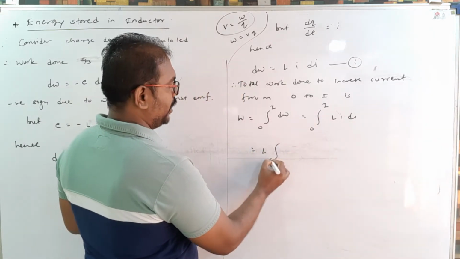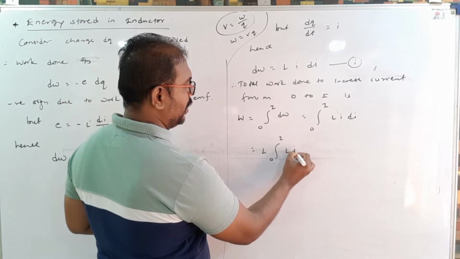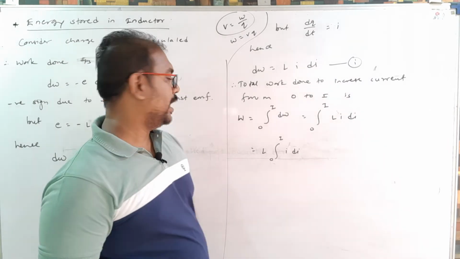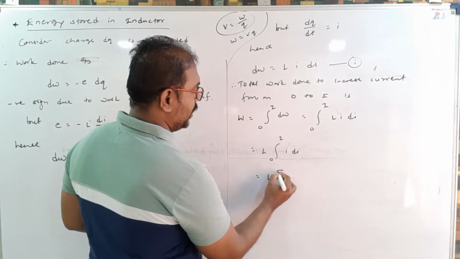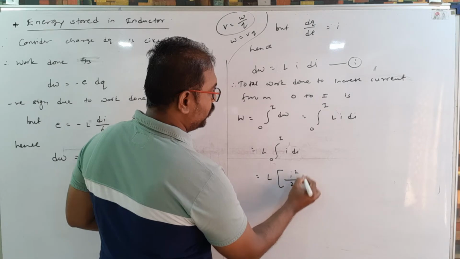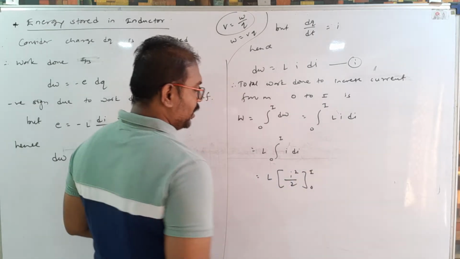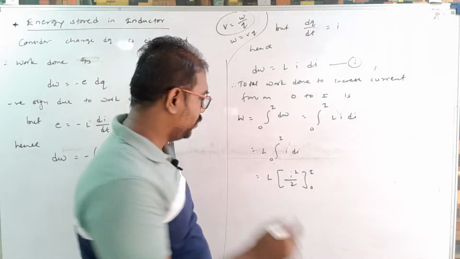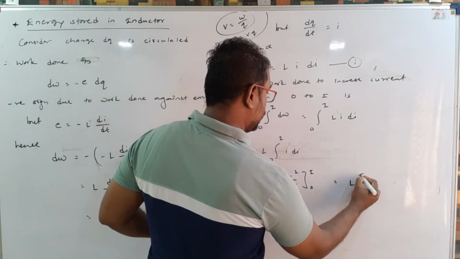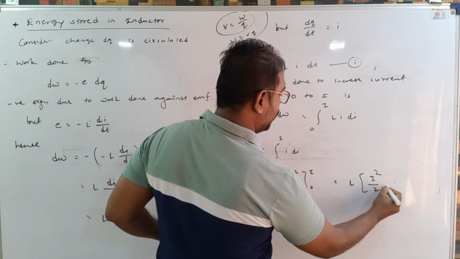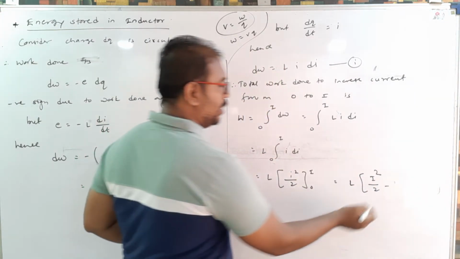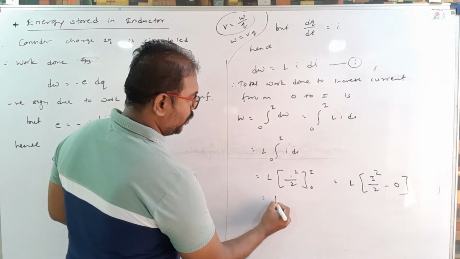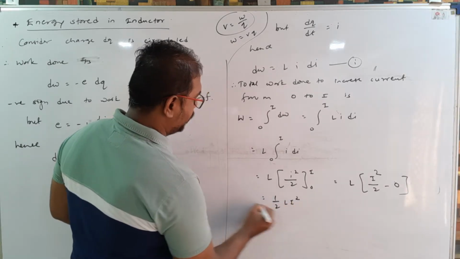L is a constant, so integration of L I di. Integration of I di is I square by 2. So L I square by 2, and these are the limits 0 to I. So instead of small I I can substitute the upper limit I. So L I square divided by 2 minus the lower limit 0 square by 2, which is 0. So we get work done is equal to 1 by 2 L I square.